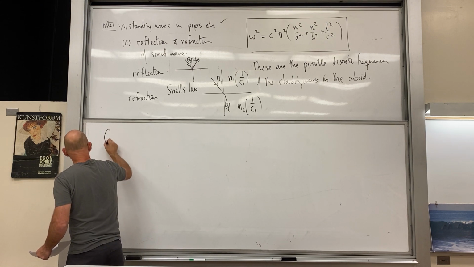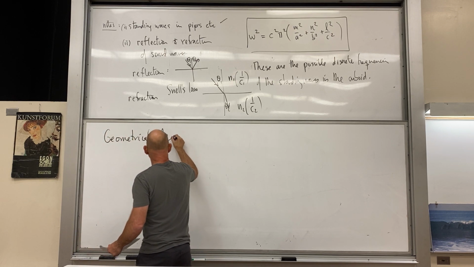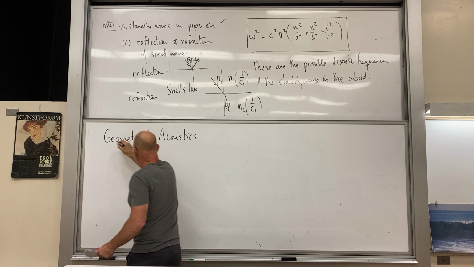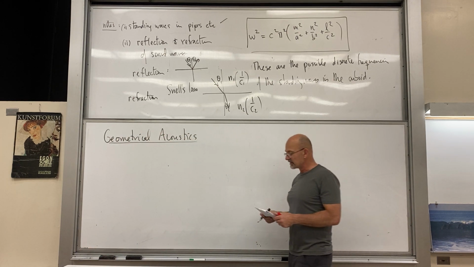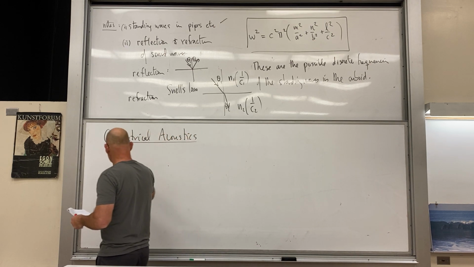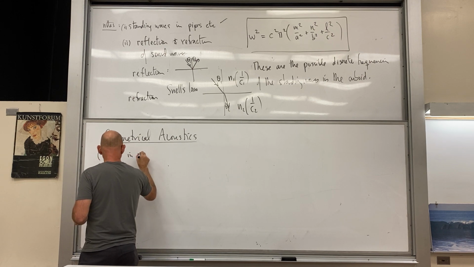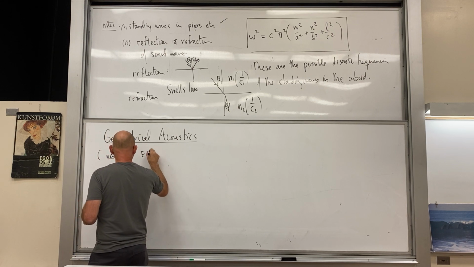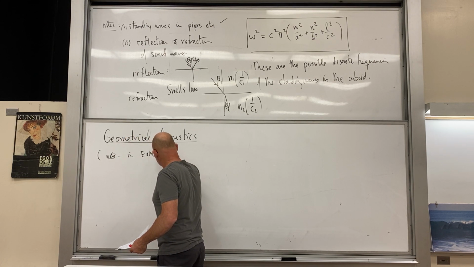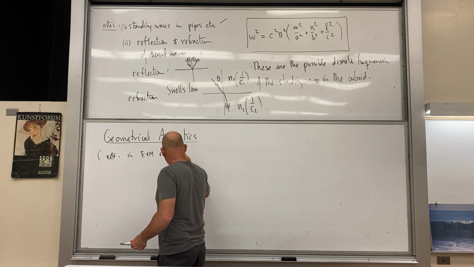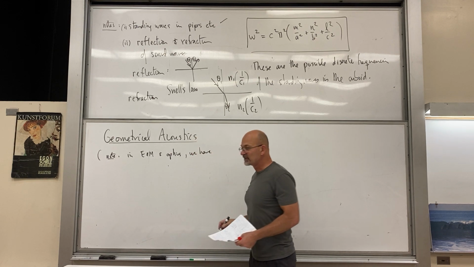So this topic is called geometrical acoustics. And it's something you've at least heard about in terms of light. So note, in electricity and magnetism and optics, we have wave optics and ray optics.